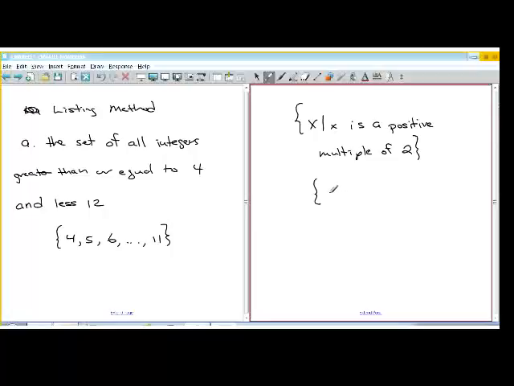The listing method means I list some numbers, but I can't list all the multiples of 2 because it would be an infinitely long thing. So I'd say, okay, positive multiples of 2. So 2 times 1, that's the first multiple of 2. A multiple of 2 means multiplying 2 by 1, 2, 3, 4, 5, 6. 2 times 1 is 2.